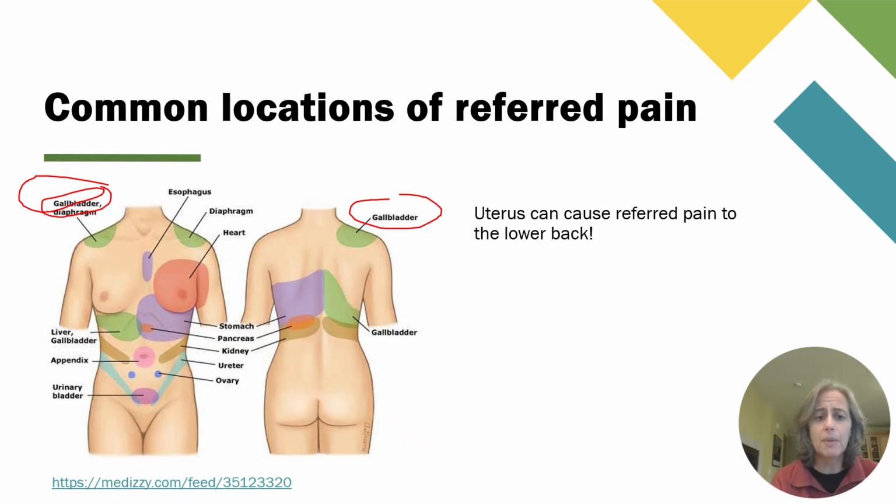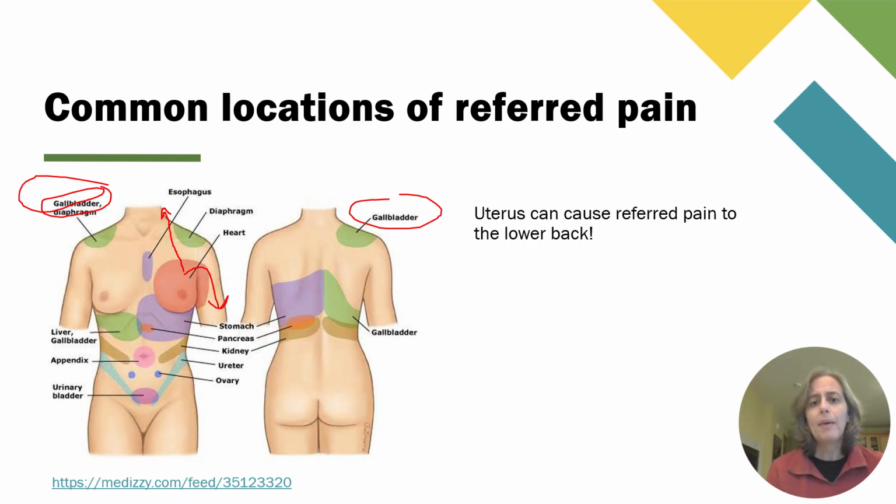So you might have chest pain, or it might go down your arm, and this diagram was imperfect, it might actually go up into your neck if you're having a heart attack. So we can see lots of different locations here for that referred pain. They left off uterus, but I think it's one that a lot of people have familiarity with. So the uterus can cause referred pain. Usually the location is to the lower back.